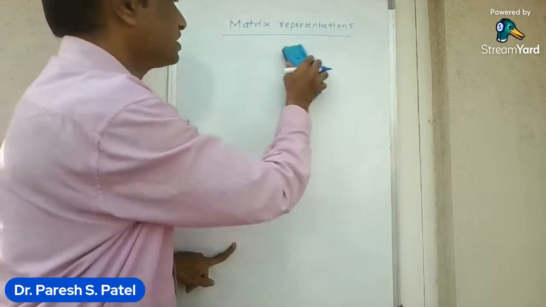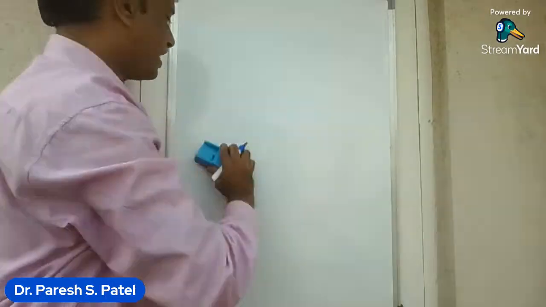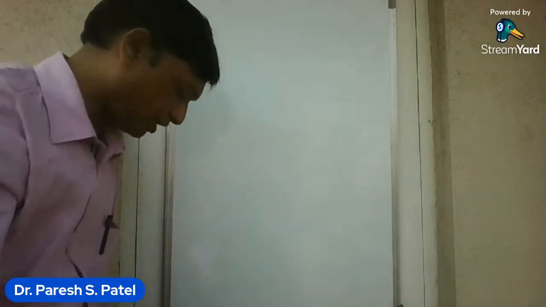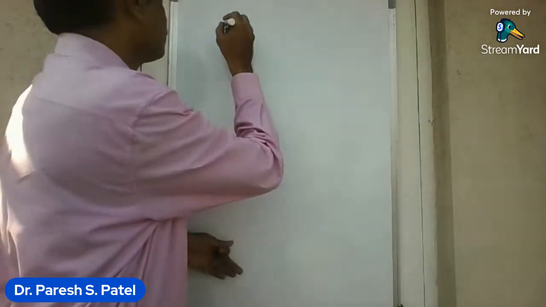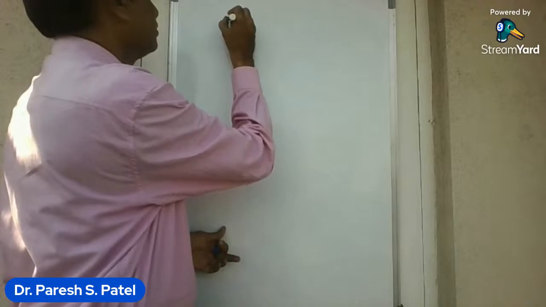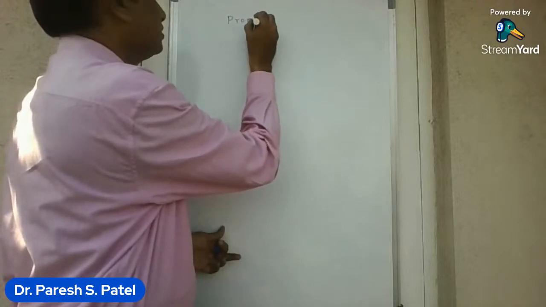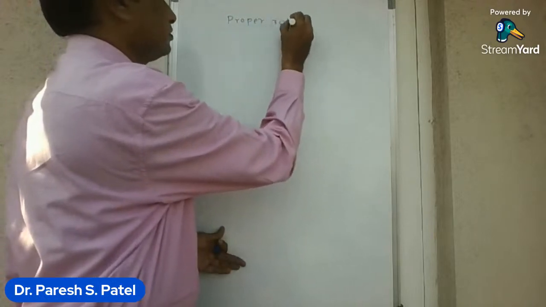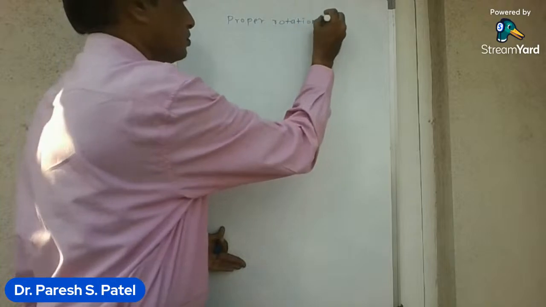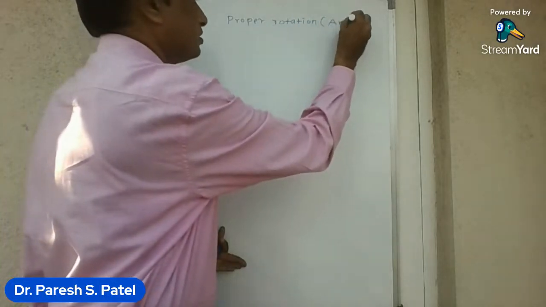The second symmetry operation is the rotational axis of symmetry, the proper axis of rotation. Now, rotation can be represented in two ways: anti-clockwise as well as clockwise rotation. So first of all, proper rotation, anti-clockwise.